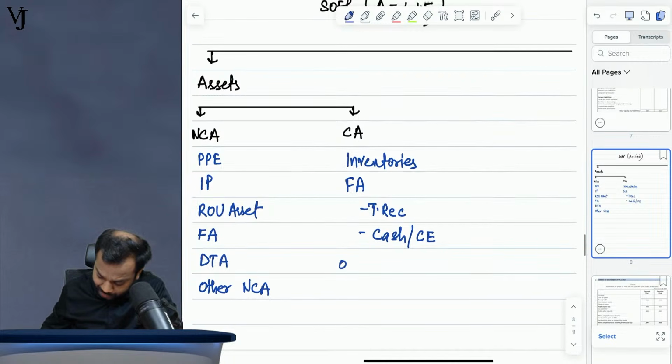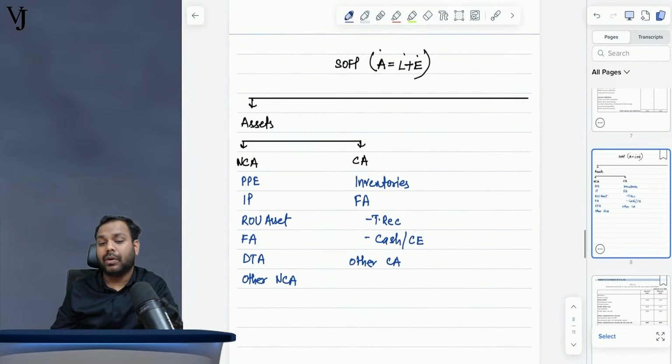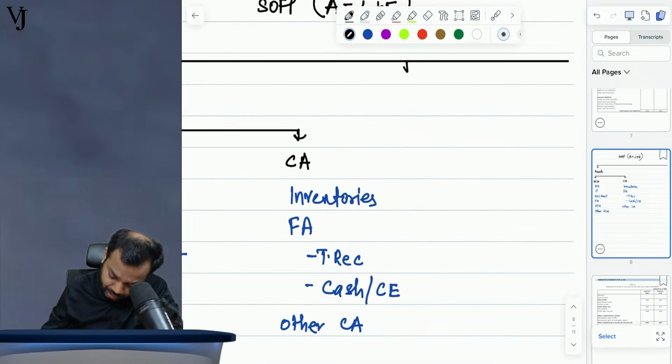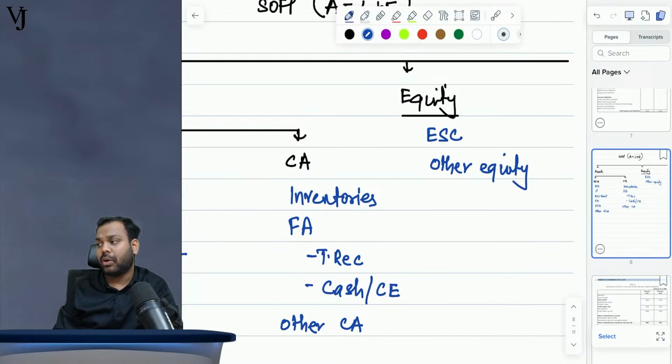Then comes other current assets. So these are the assets. Then comes equity. Under equity there are two things: equity share capital and other components of equity.